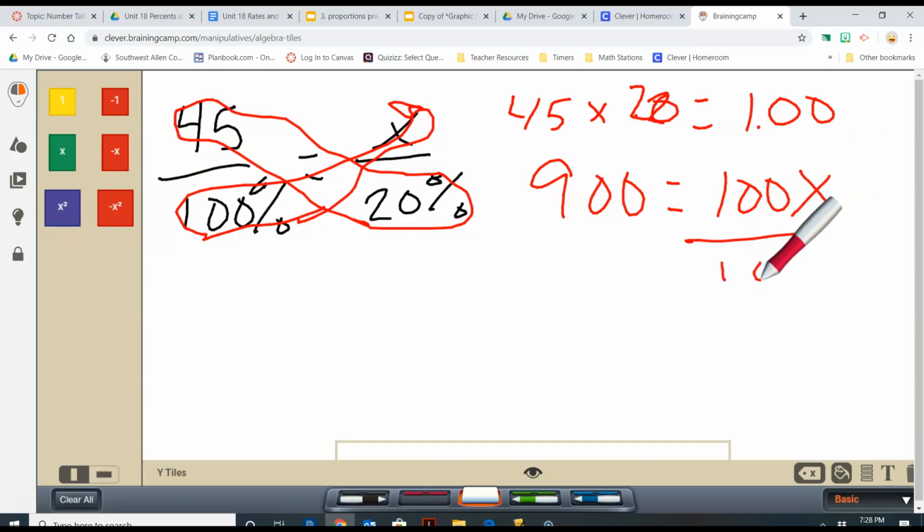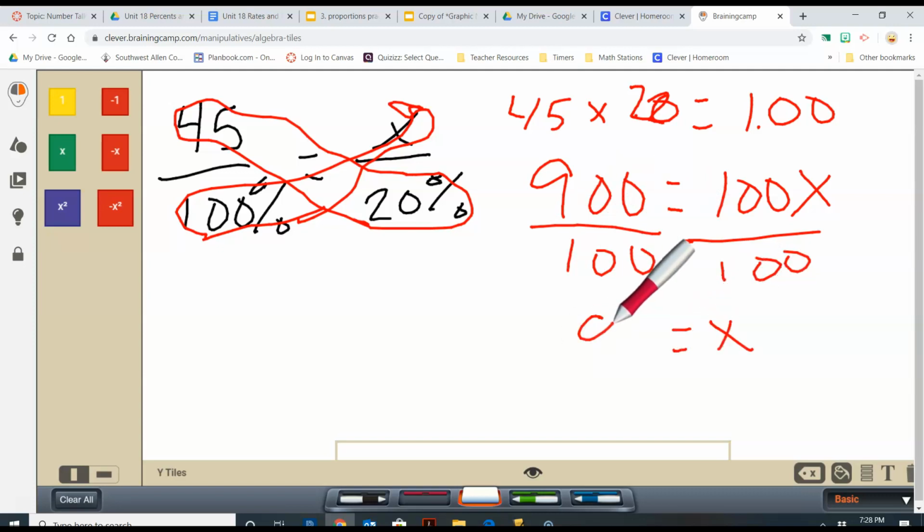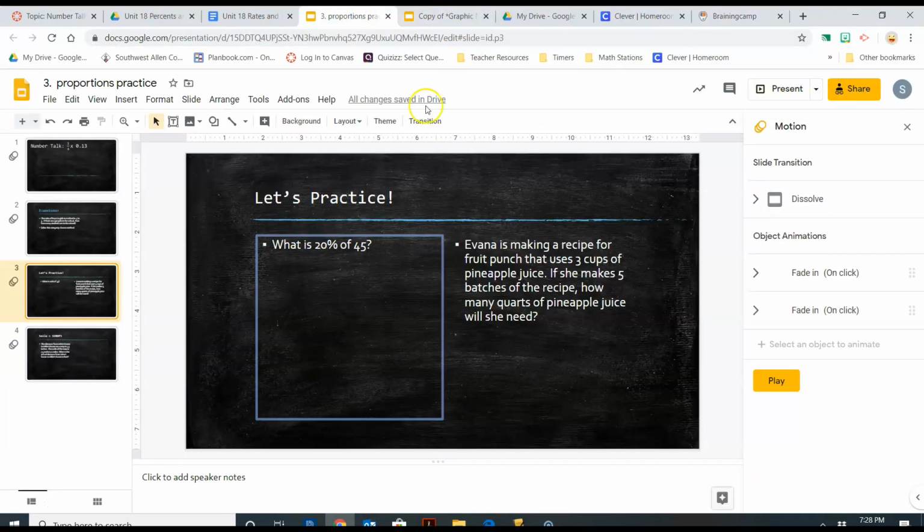So I'm going to divide by 100, divide by 100, x equals 9. So 20% of 45 equals 9 using cross products. Okay? All right, guys. That is where we're going to stop for today.